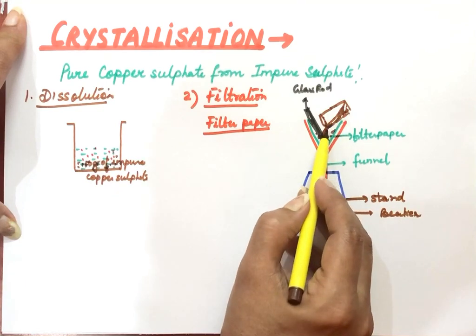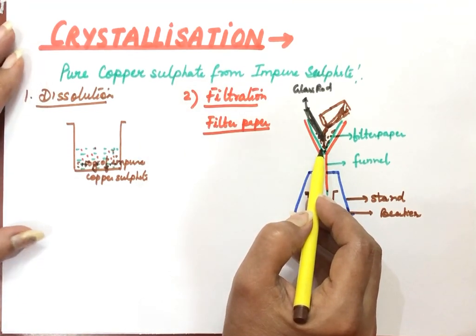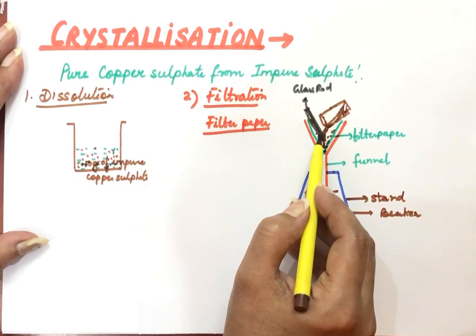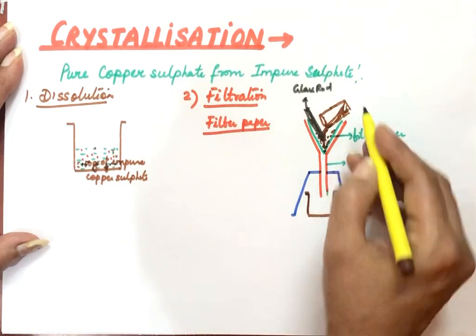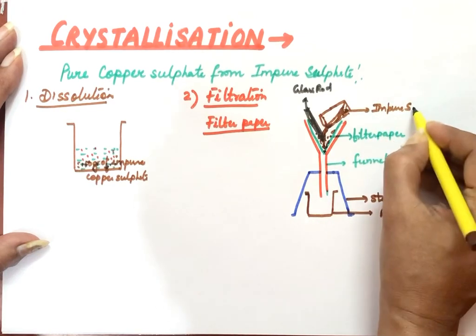And slowly through the glass rod, when the solution goes into the filter paper, there will not be any tearing of the filter paper. So it is just a precaution that we use a glass rod for this purpose. After pouring the solution, what we have here is the impure solution in this.